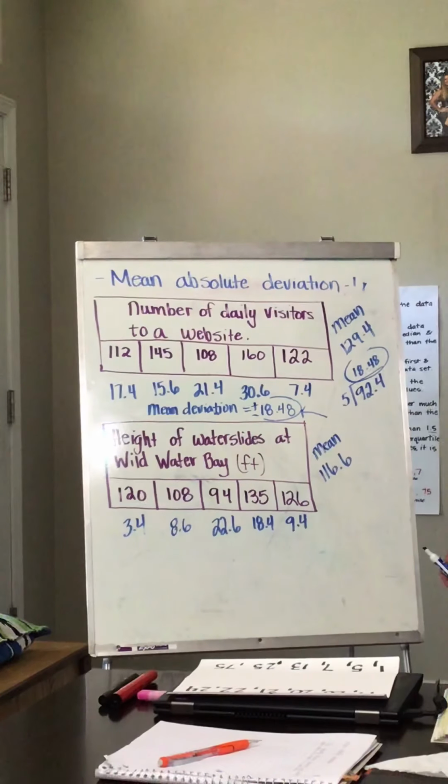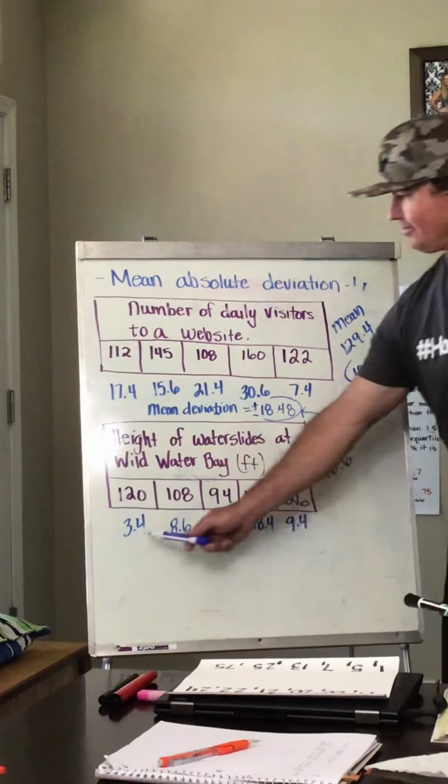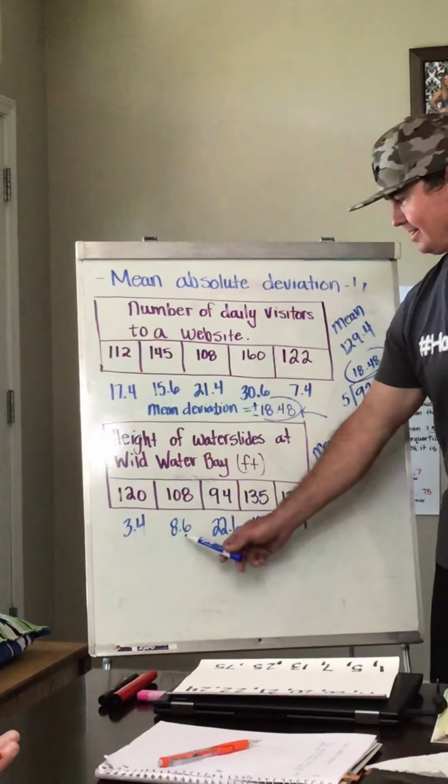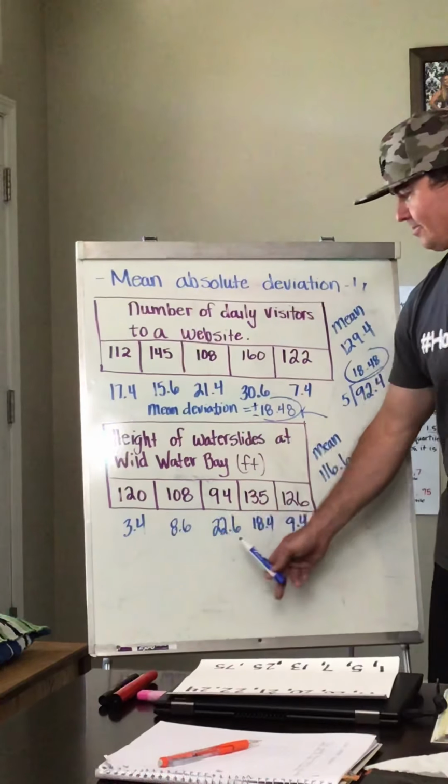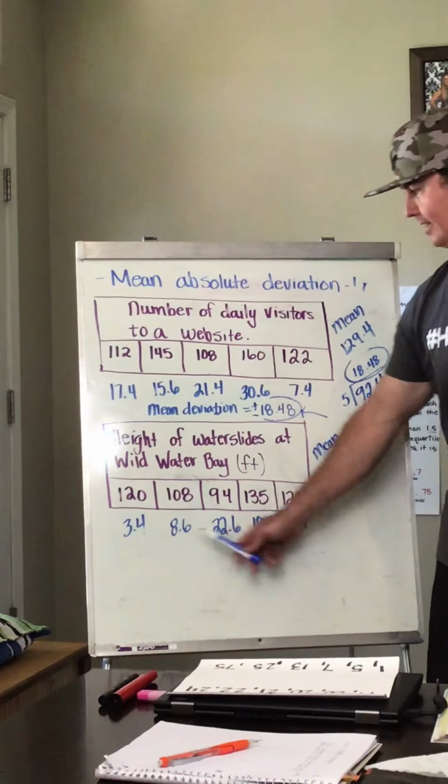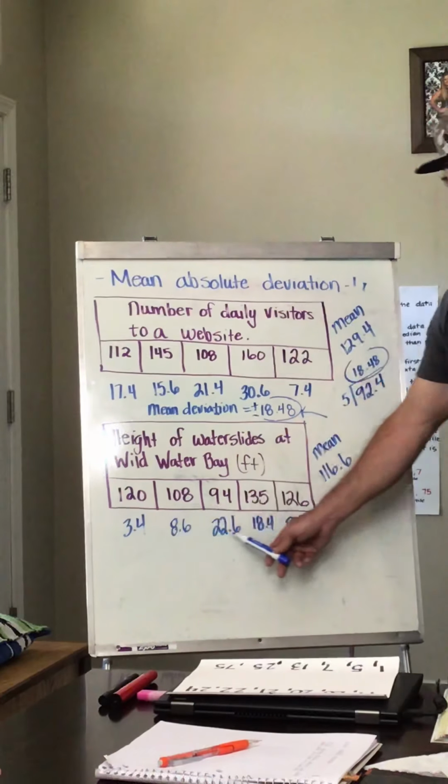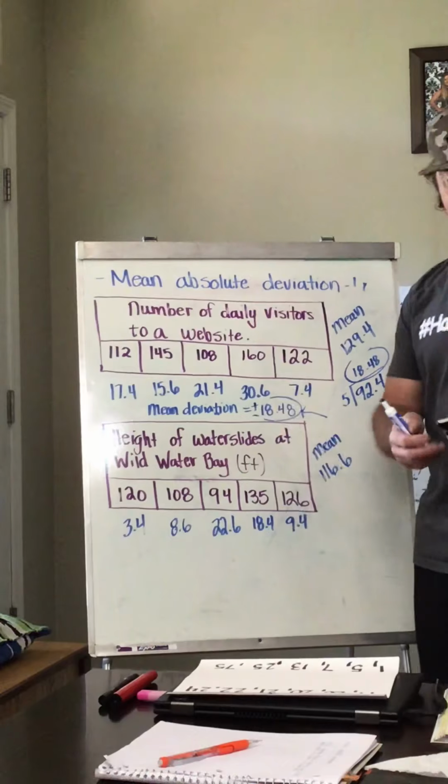Think it's going to be the bottom? Well, I'm not exactly sure because you have 30, which is really big, and then you have 7, which is really small. But then you have like 3, which is really small, and 22, which is really big. Right, but 30 is bigger than 22, right? And 3 is smaller than 7. Okay, let's figure it out, and then we'll know.